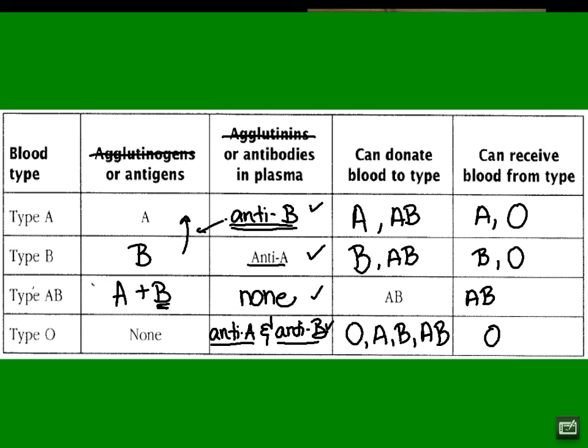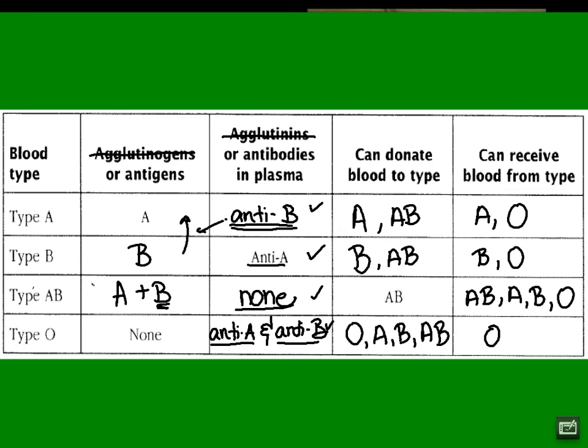With B, it can only receive from itself or type O. Type AB, because it has no antibodies in its plasma, can actually receive from A, there's nothing there to attack it. It can receive from B, there's nothing there to attack it. And it can receive from O, because there's nothing there to attack it and there's nothing to attack.